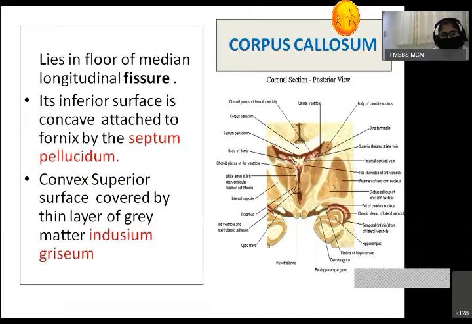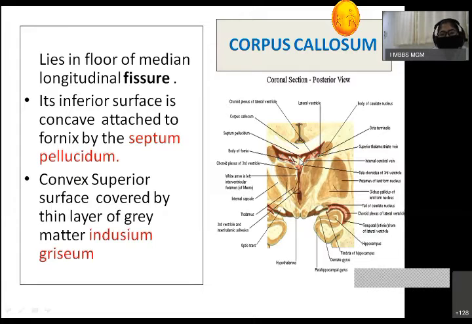Here we can see it lies in the floor of the median longitudinal fissure. Its inferior surface is concave, and it is attached to the fornix by the septum pellucidum.